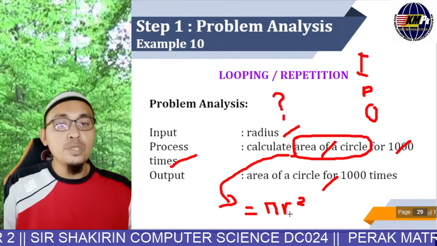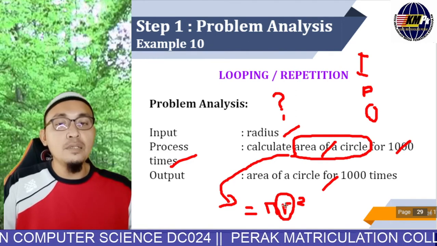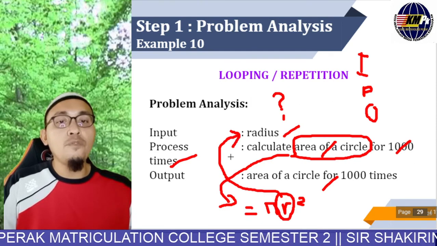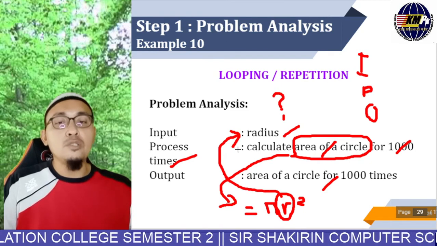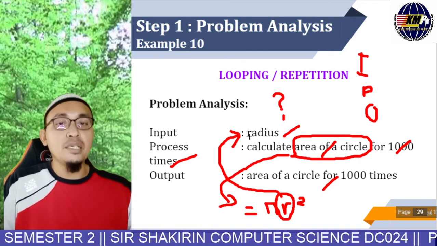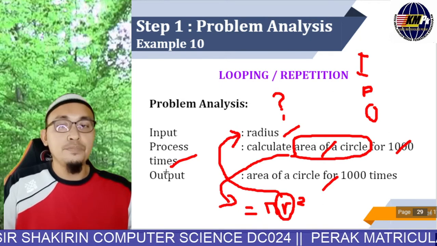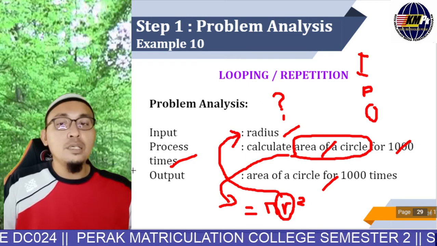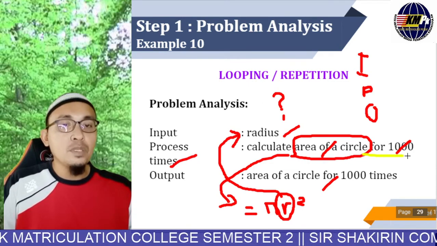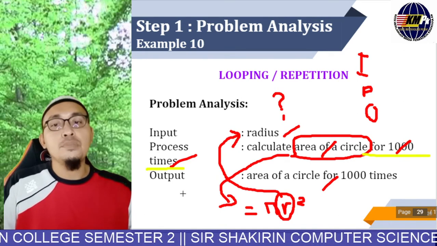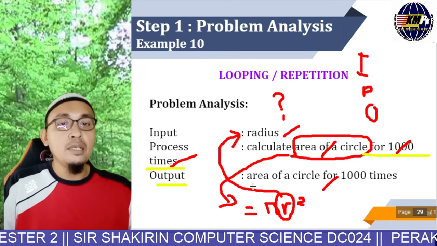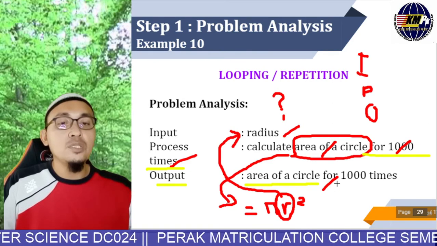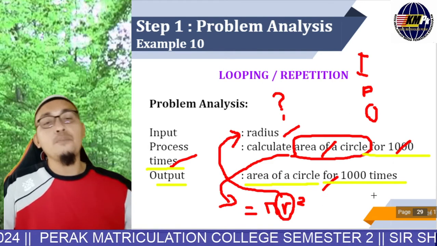And in maths, we know that this r is a radius. To proceed with the process of area of circle, the computer needs to receive a data, the radius, shown as the input here. And the calculation for the process area of a circle is going to be repeated for 1000 times. That's why the output shows that the area of circle is the value that is going to be calculated, and it's going to repeat for 1000 times for the output.